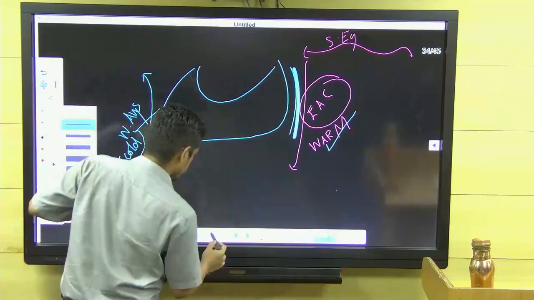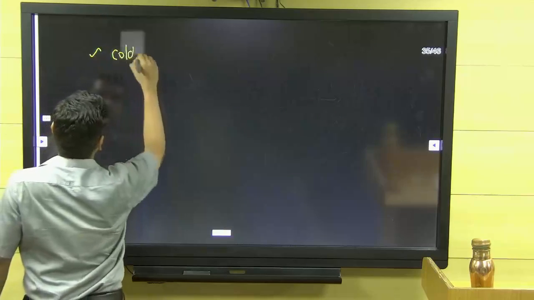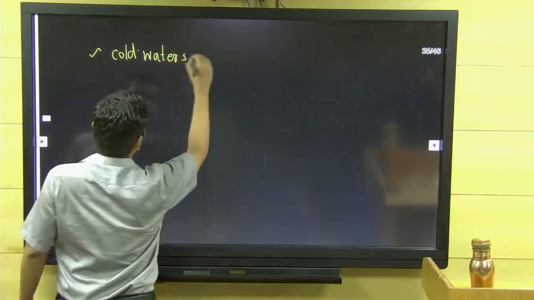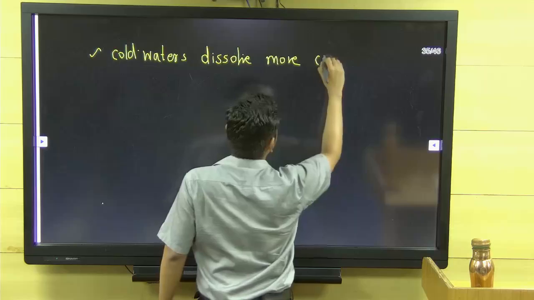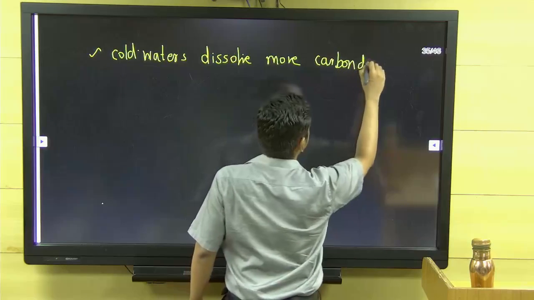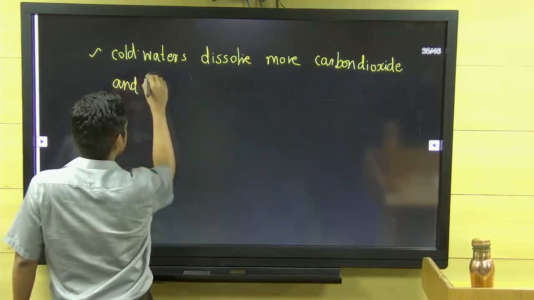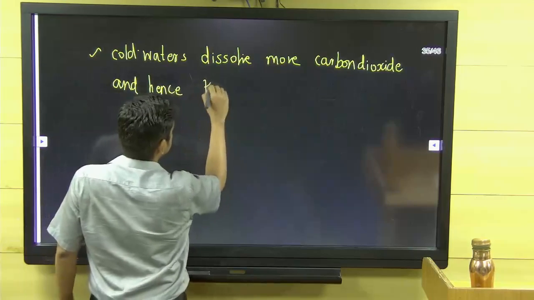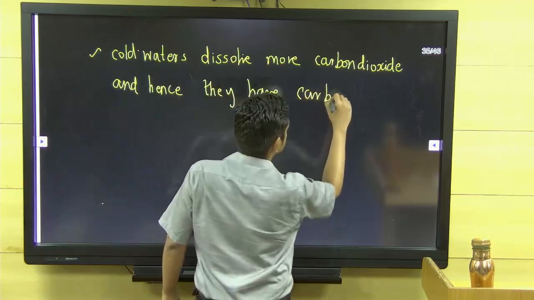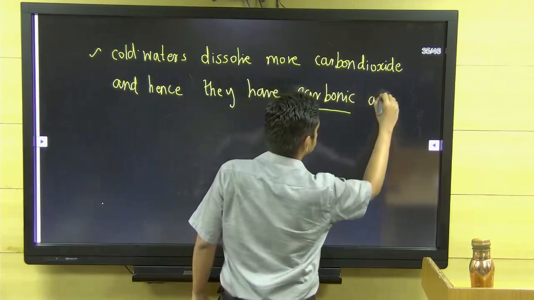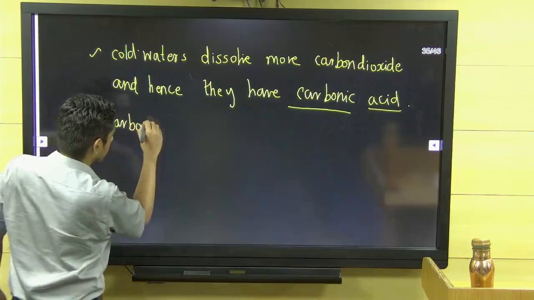Cold waters dissolve more carbon dioxide, and hence they have more carbonic acid. Carbonic acid corrodes calcium carbonate.